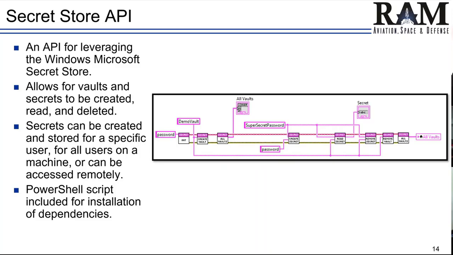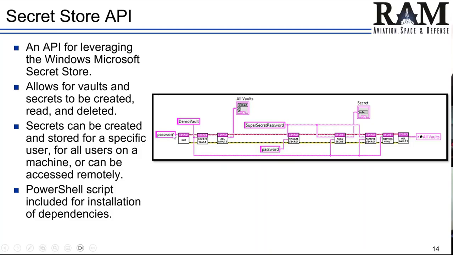I also included in here a PowerShell script that you can just run, and it will do all of the installation of the Microsoft Secret Store tools for you. So it'll install all the dependencies, and at the very end of the PowerShell script it will prompt you to set a password for your Secret Store. So here, when you run this Secret Store initialize function, it wants a password.